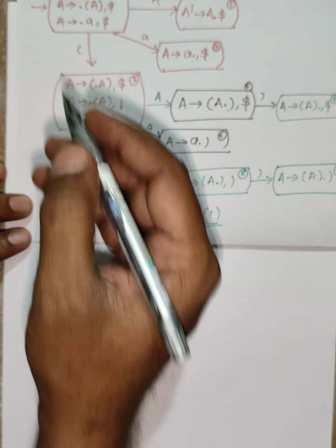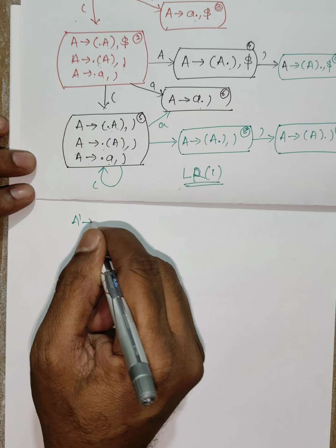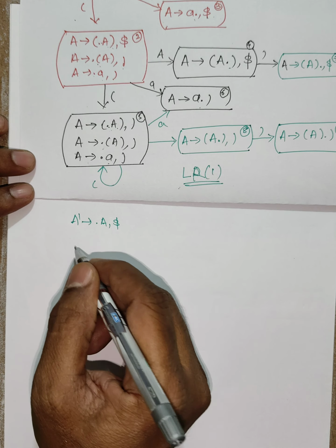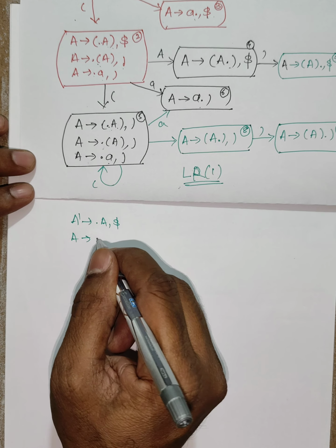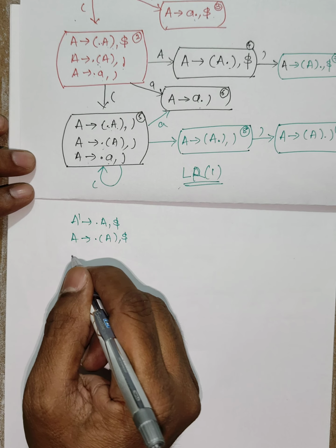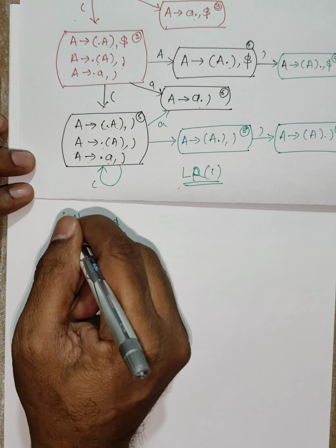LALR1 for this first initial state is same, means A dash produce dot A, then dollar, A produce dot opening bracket A closing bracket comma dollar, then A produce dot A comma dollar.